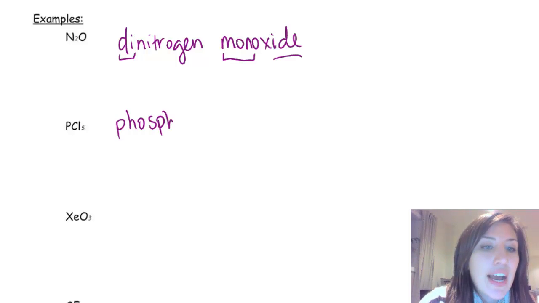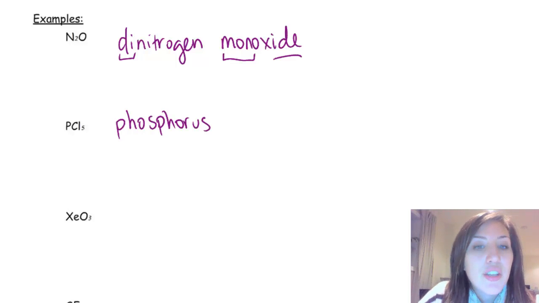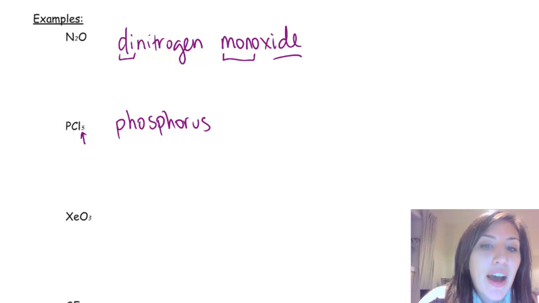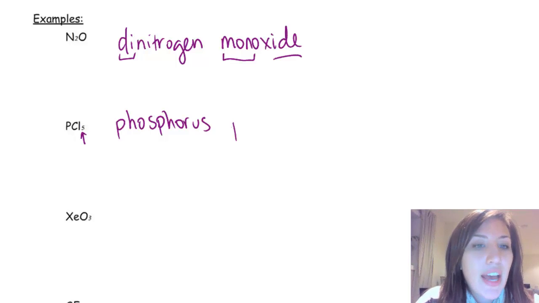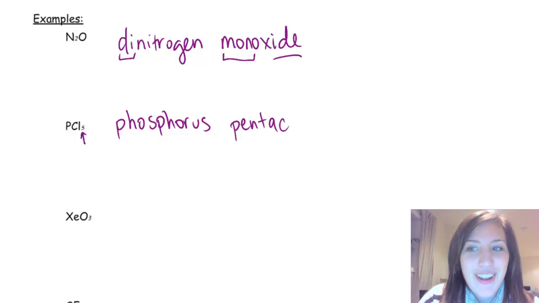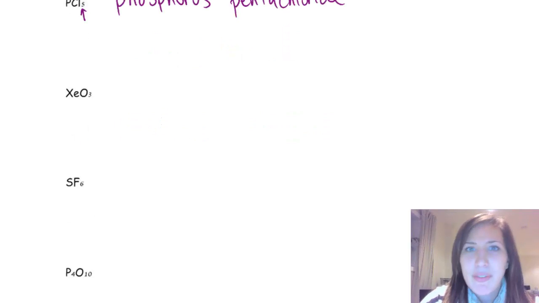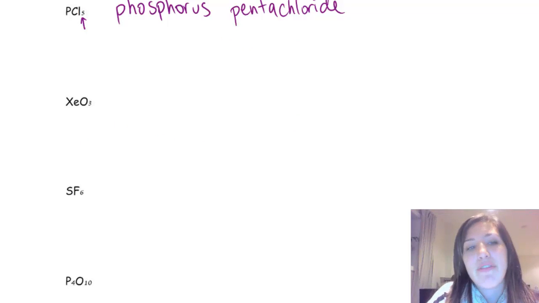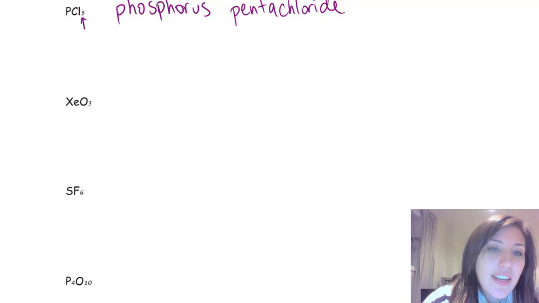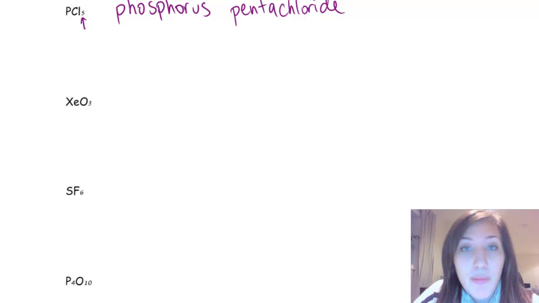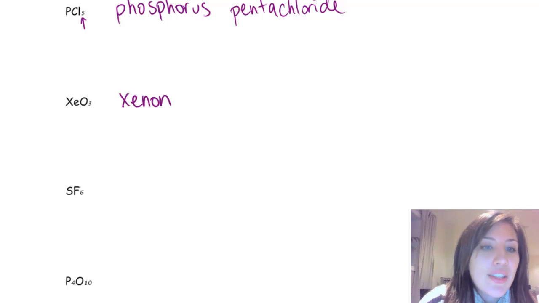Phosphorus, and there are 5 chlorine atoms, so we're going to say penta for 5, and then chloride. All right, ready for the next one? This one's a little bit more tricky because we haven't really seen this Xe element very much. So look it up on your periodic table and you'll see that it stands for xenon. And there's just 1, so no prefix in the front. And then this O here, oxygen, has 3, so it's trioxide.